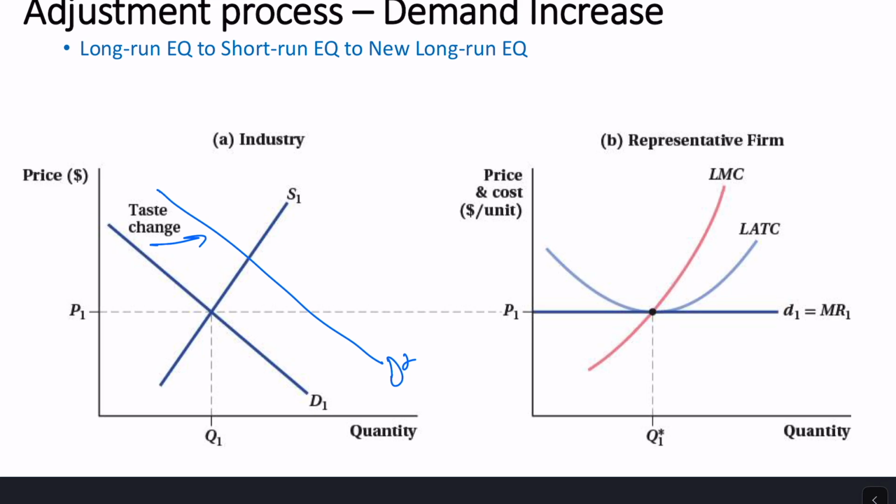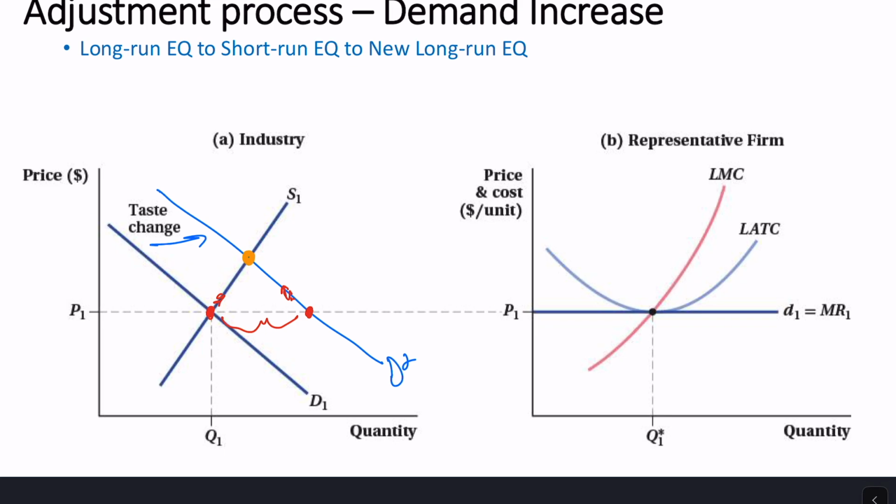Okay, at the original equilibrium price of P1, here's our quantity supplied, here's our quantity demanded. They're not equal. Quantity demanded is greater than quantity supplied, so we have a shortage, and so that's going to drive the price up to try to get rid of that shortage and clear that market again. That's going to occur where the new demand curve D2 is going to cross our supply curve.